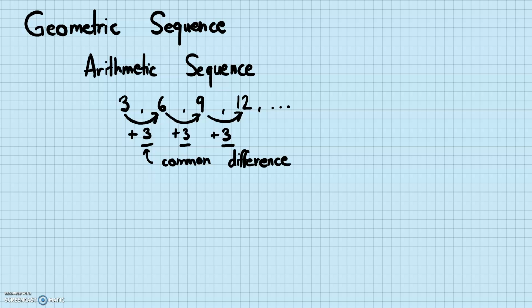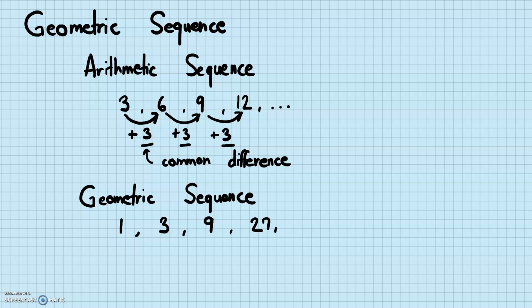Now geometric sequence is something that's similar. Let me write the first few terms of the geometric sequence here. 1, 3, 9, 27.